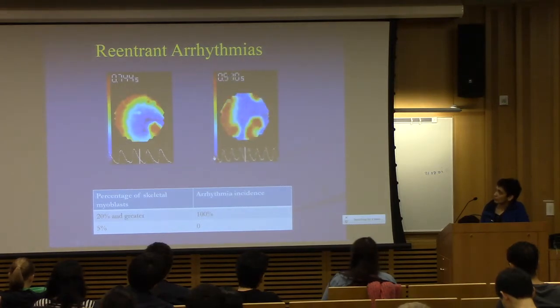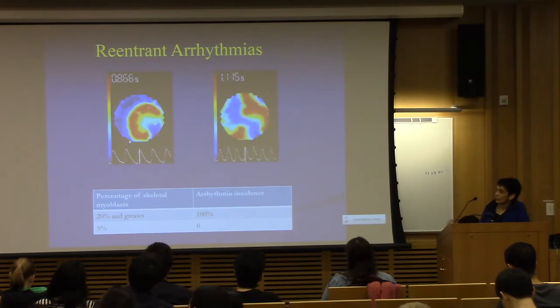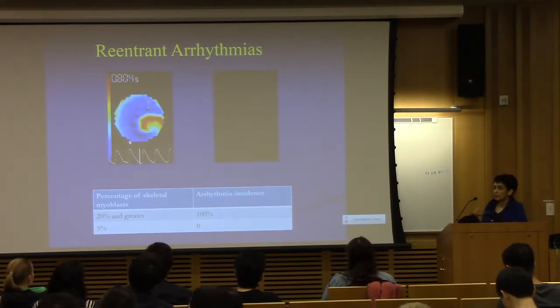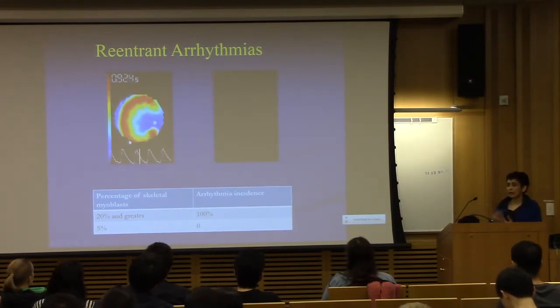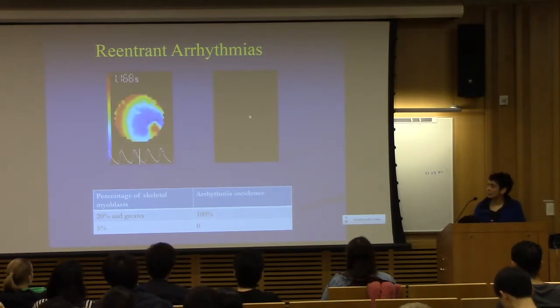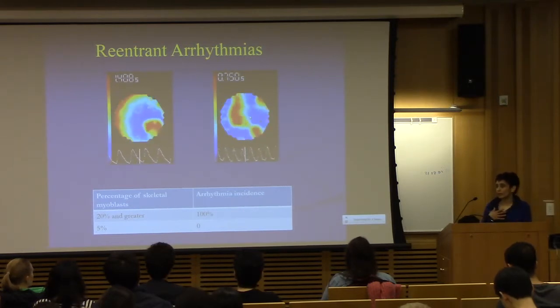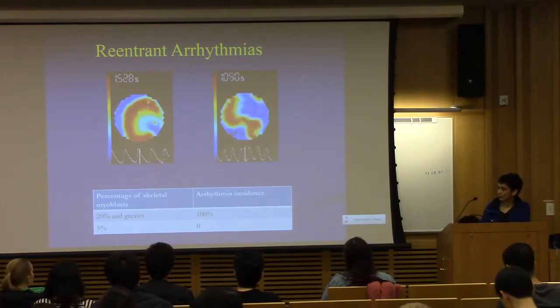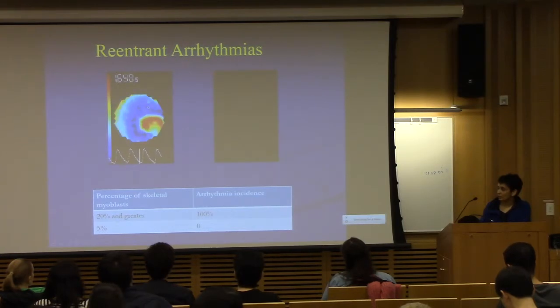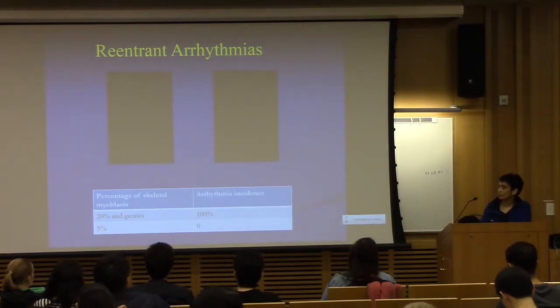So what we did was we looked at whether there is a threshold, or whether any introduction of skeletal myoblasts produces arrhythmias. We mixed different proportions of myoblasts with myocytes, and we found that at 20% and greater, you had 100% arrhythmia incidence.